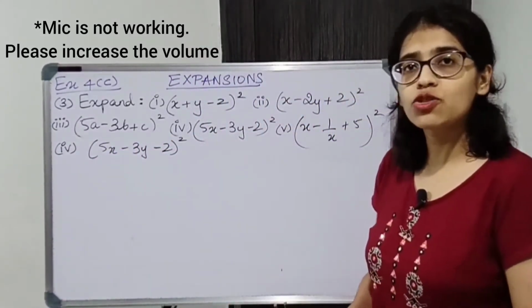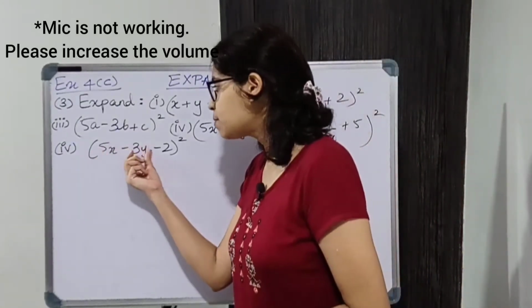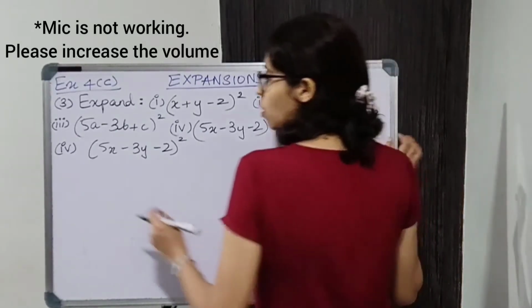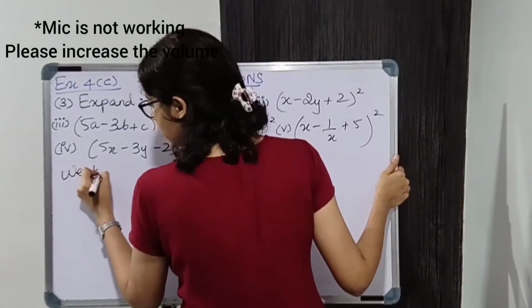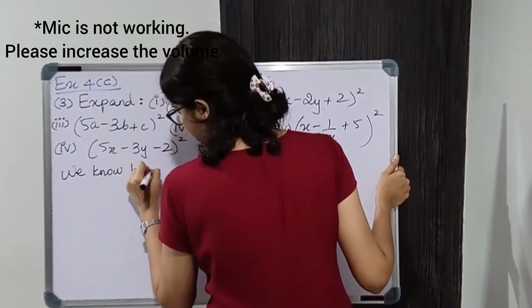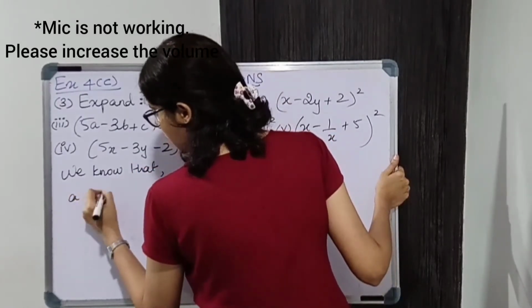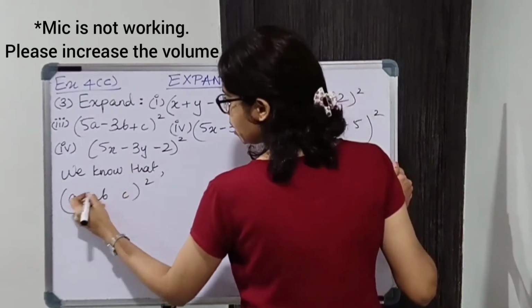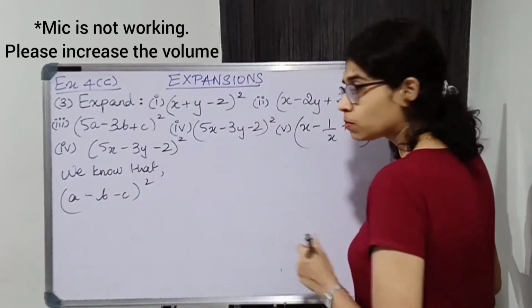Now in the fourth question, a is 5x, b is 3y and c is 2. So we know that (A - B - C) the whole square. A is positive, B is negative, C is negative. Okay?